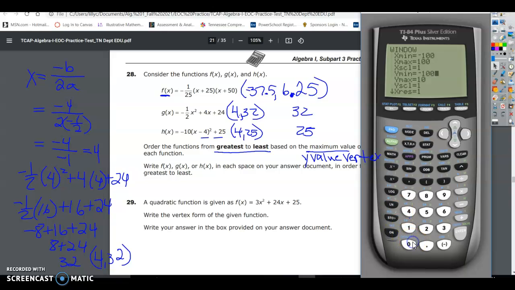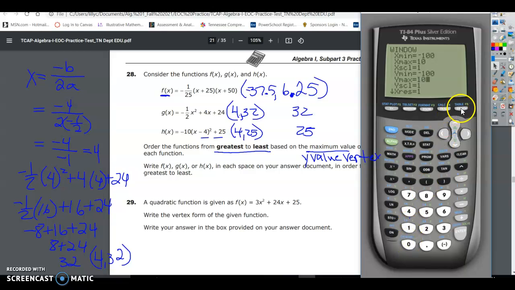All right, that's supposed to be negative 100 and 100. Now let's see if it shows up. Okay, there it is. So we can see that we don't need up to 100 on the x or the y positives. So let's get rid of some of those. So my x positive, I'm going to put back to 10. And my y positive, I'm going to put back to 10 as well.